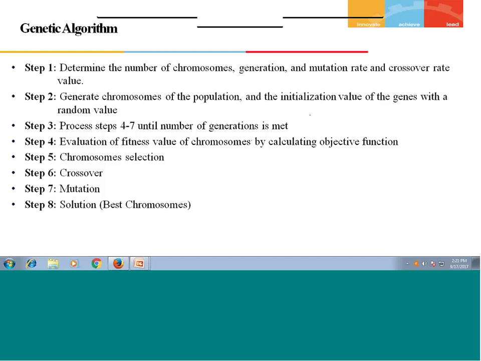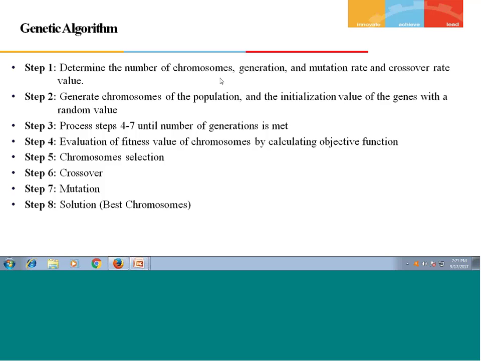So first, determine the number of chromosomes in the first generation and the mutation rate. Find out how many chromosomes you want to take at the first generation and what mutation rate you want to consider. These are the parameters that you think about before implementation. Mutation rate means how frequently you want to mutate your chromosome, and then there is the crossover rate value.